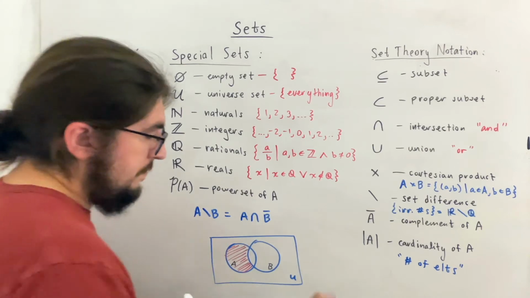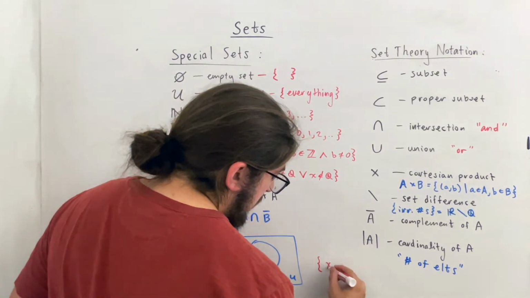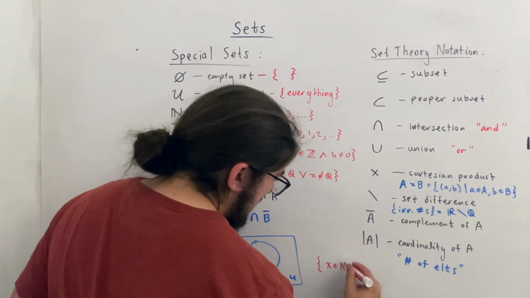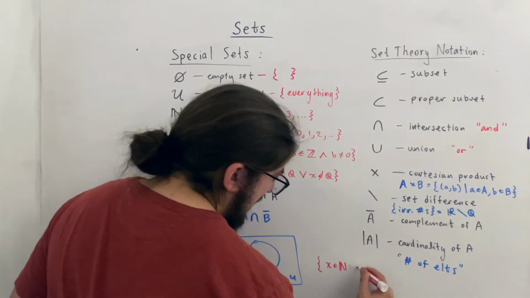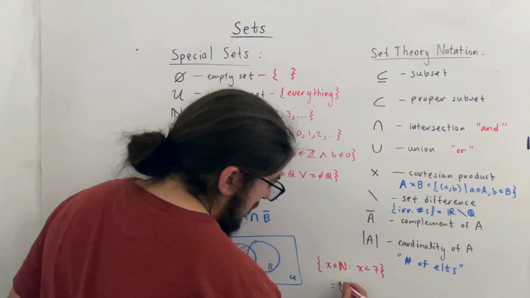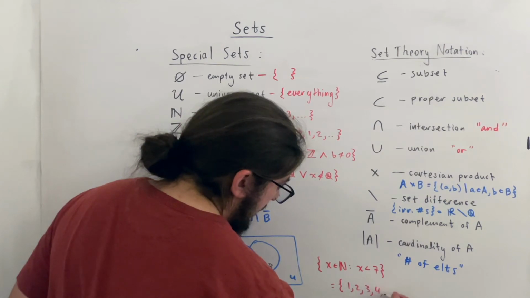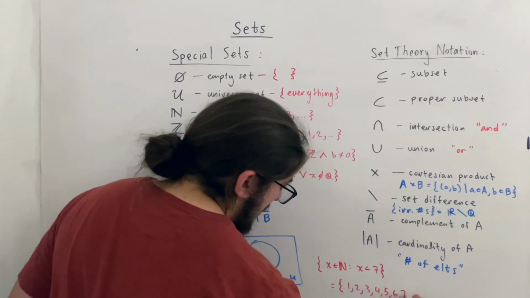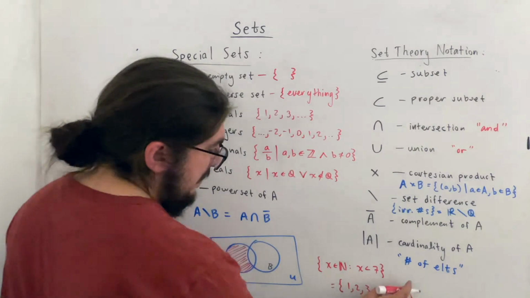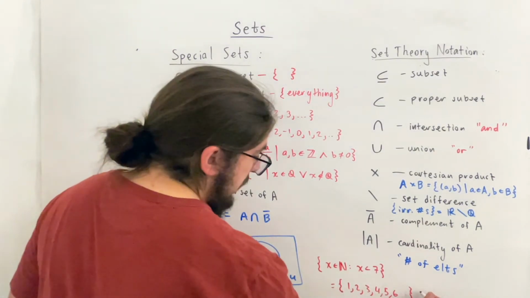For example, you can have the set of all natural numbers x such that x is less than 7. Now this is just equal to the set 1, 2, 3, 4, 5, 6. By counting, well, less than 7, not less than or equal to, so it doesn't include 7 itself. So by counting, you have 6 elements.